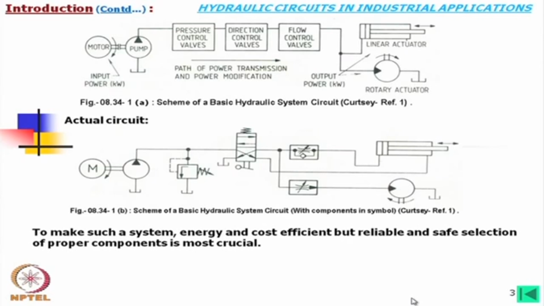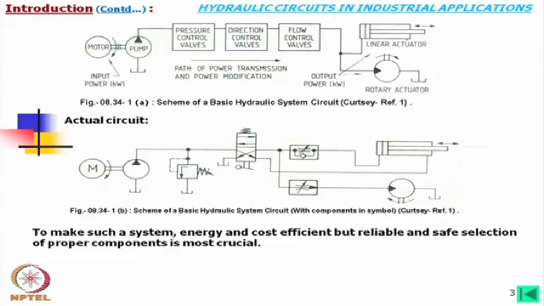To make such a system energy and cost efficient, but reliable and safe, selection of proper components is crucial. Nowadays, with the crisis of energy everywhere, in almost all designs it is always thought of how energy can be saved.